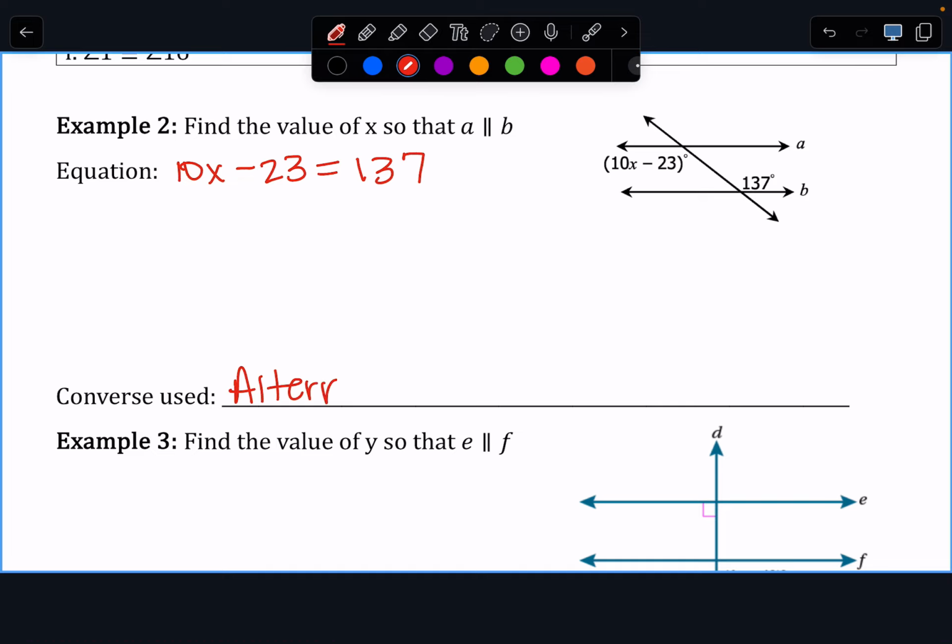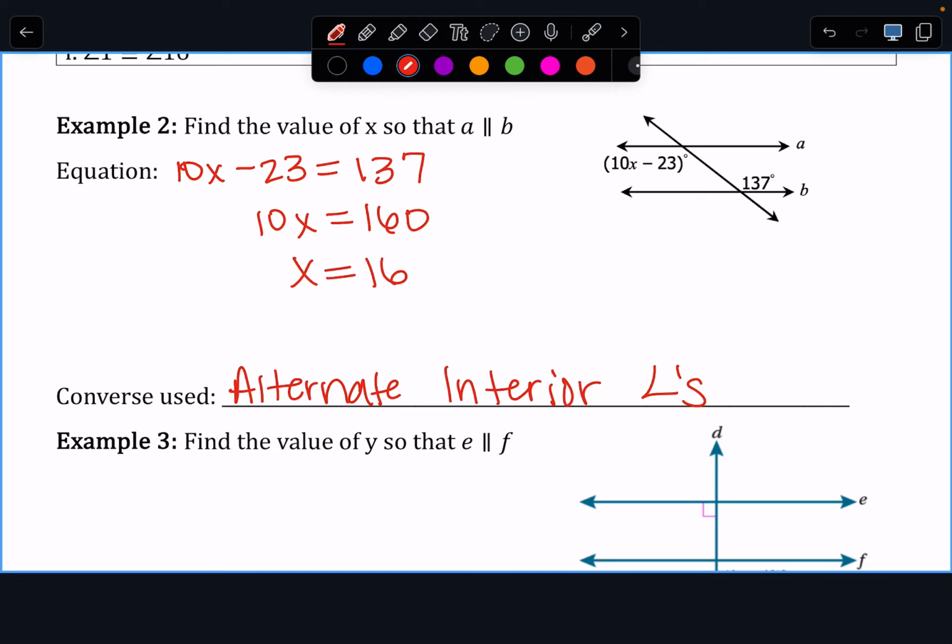Okay, since we have alternate interior angles and we want parallel lines, I'm going to force them to be congruent so their measures are the same, which means 10x equals 160. So x equals 16. Done. Got it. Love it.